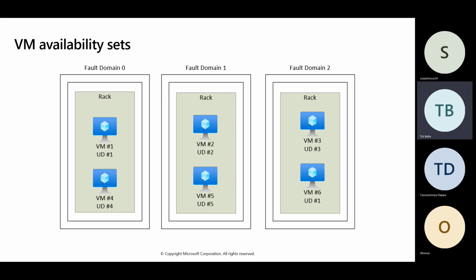The thing is, when you want to roll out updates to those virtual machines, you will not be pushing the update to all the servers at the same time. You need to identify the VMs, that's the virtual machines, that can restart at a time without disrupting your service.